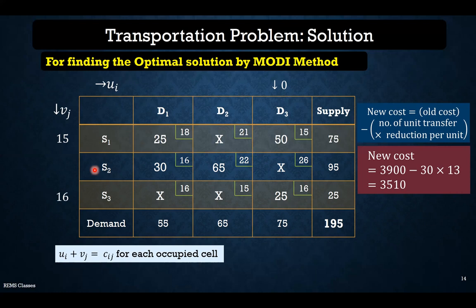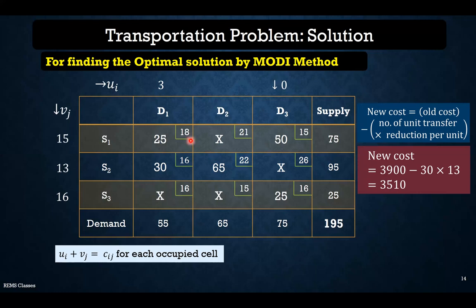If we use this formula for this cell, if it is 18, then 15 plus this will be equal to 18, which means this will be 3. Again, we will use this formula for this cell. If this is 16 and this is 3, then this plus this equals 16, which means this will be 13. So this is 13.